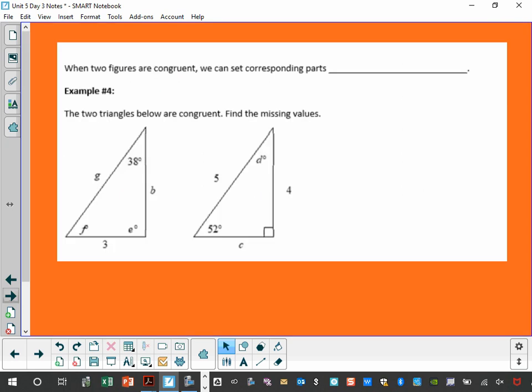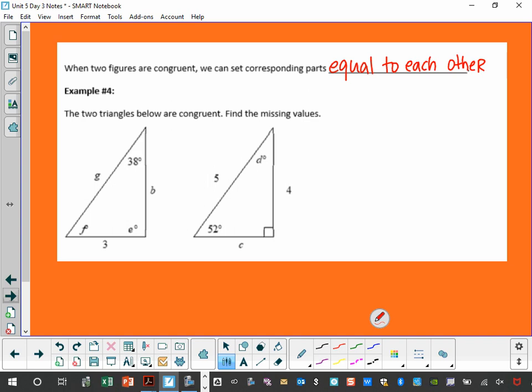All right, when 2 figures are congruent, we can set corresponding parts equal to each other.